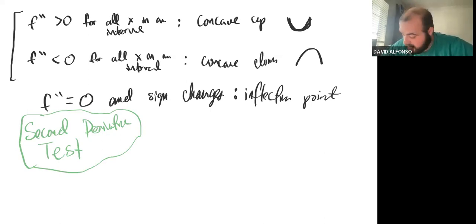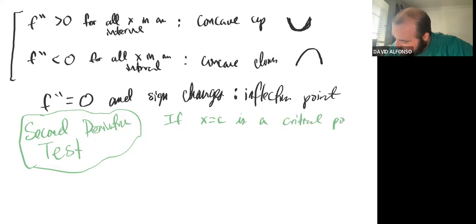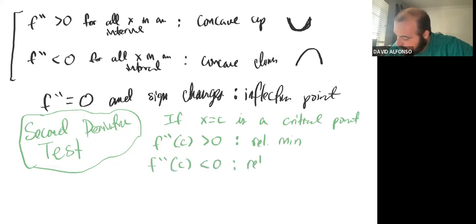Okay, so basically, if x equals c is a critical point, right? If f double prime of c is positive, that means you have a relative minimum. And if f double prime of c is less than 0, that means you have a relative max.